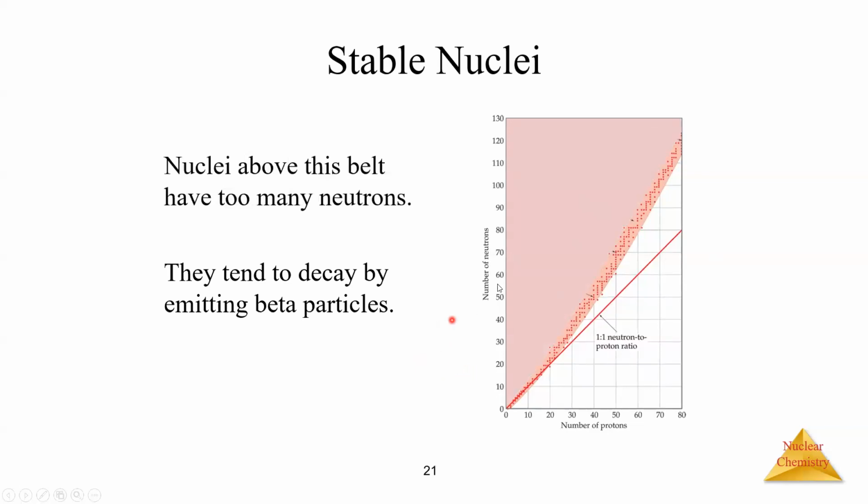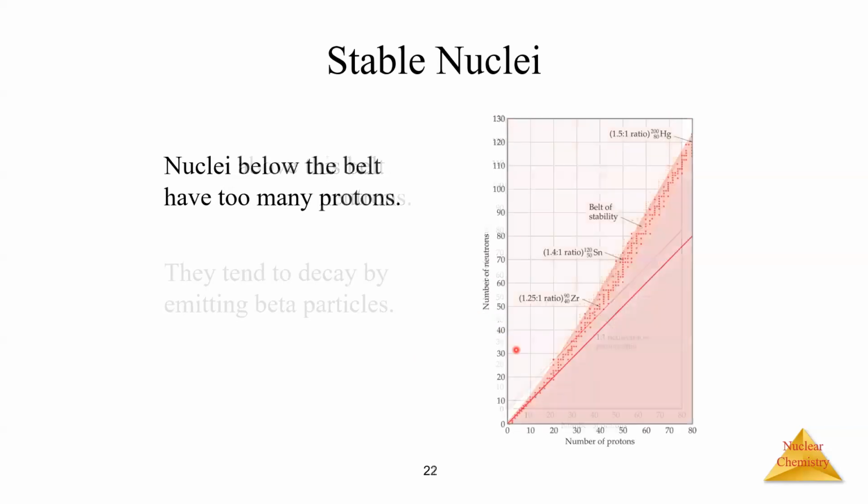So in the case of beta decay, we're not changing the mass at all, but because we're getting rid of a negative charge, it's essentially converting a neutron into a proton. And if we had too many neutrons to begin with, changing one of those into a proton is going to get us at least closer to this belt of stability. So it's going to help us get a more stable atom.